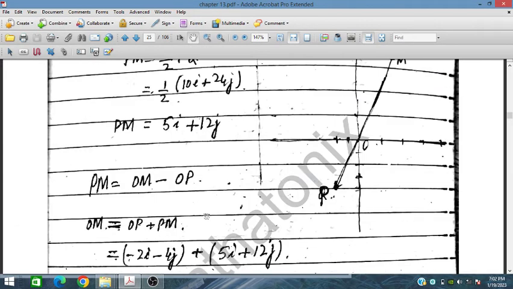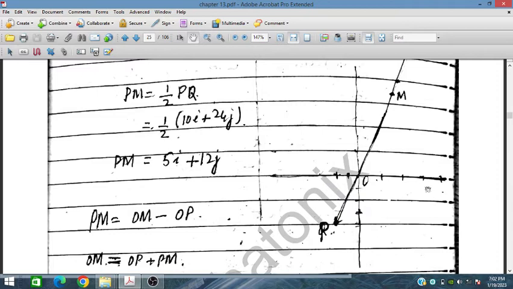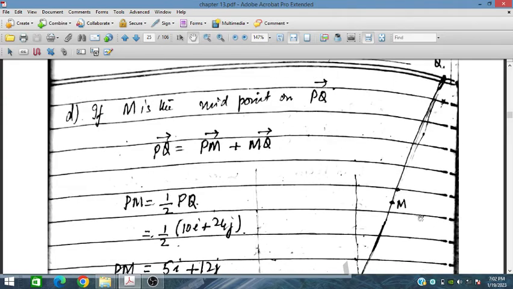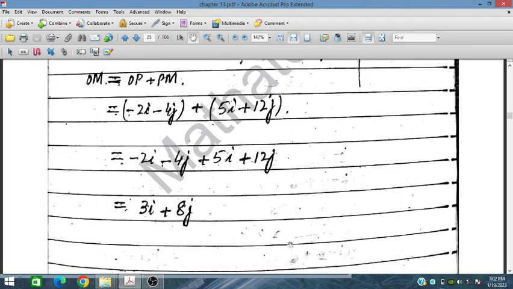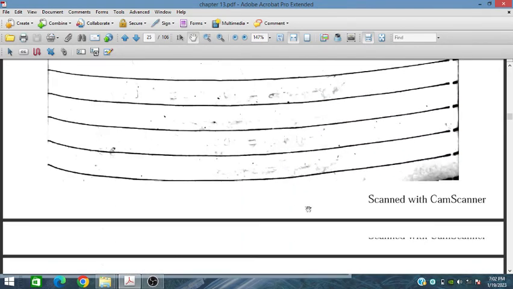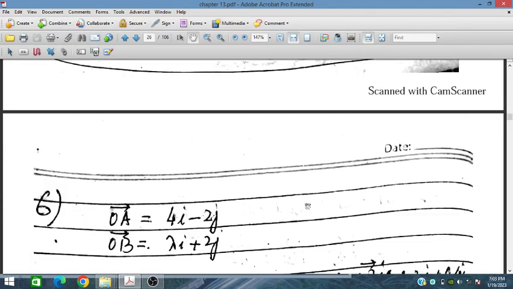We can see this is 3i and this is 2, 4, 6 and 8. So this is the way we can obtain the OM vector. This is the graphical representation.